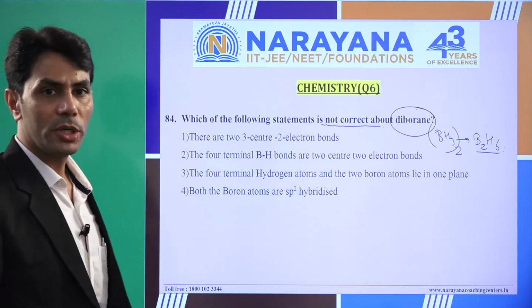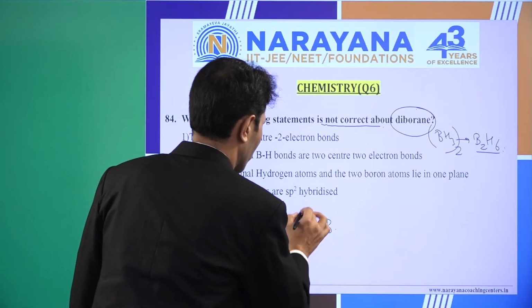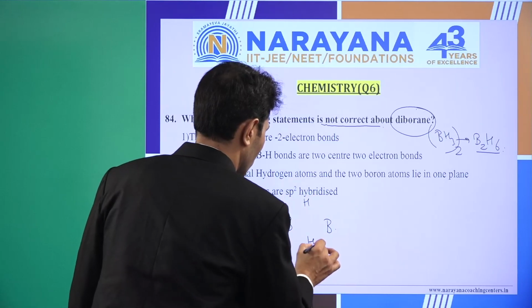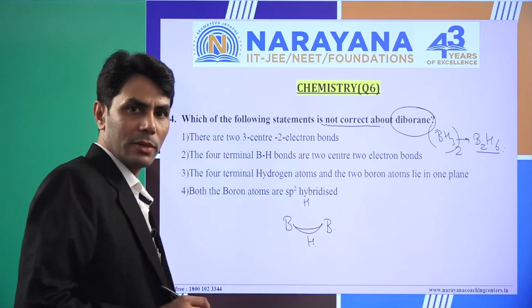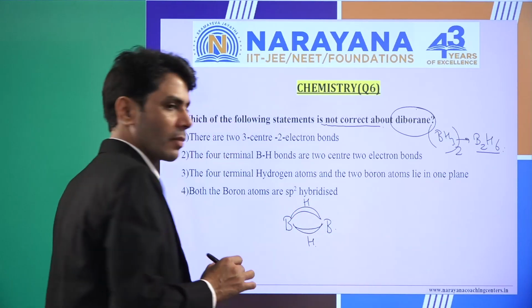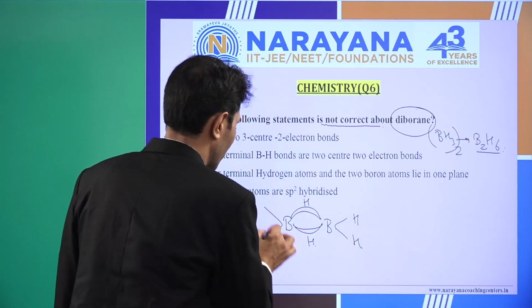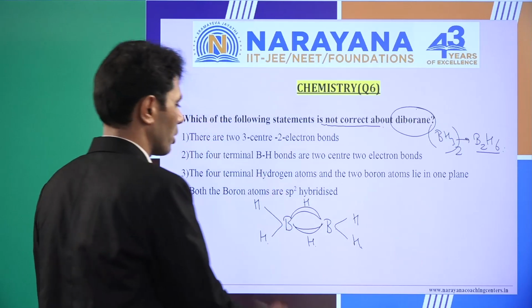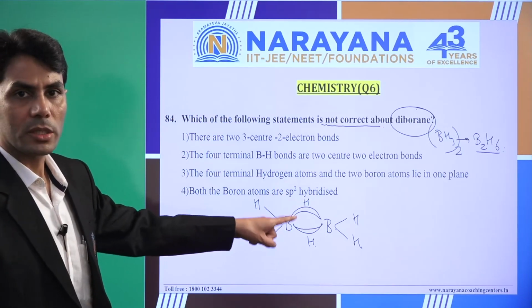What is the structure of B2H6? Banana bond. A very famous molecule given in NCERT itself. Like this. And there are 4 terminal hydrogens. It is the structure of B2H6, diborane.